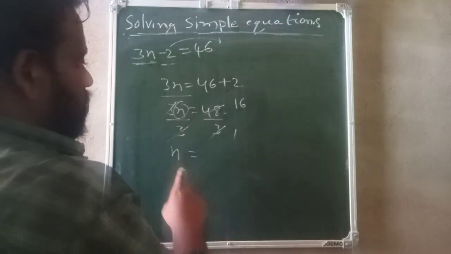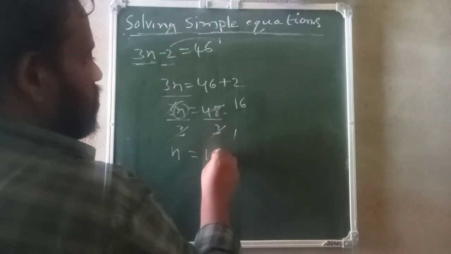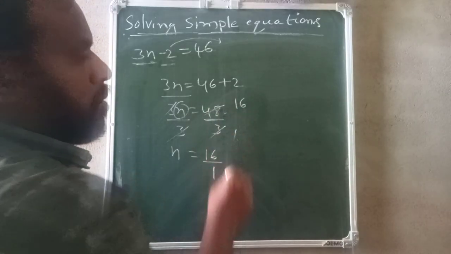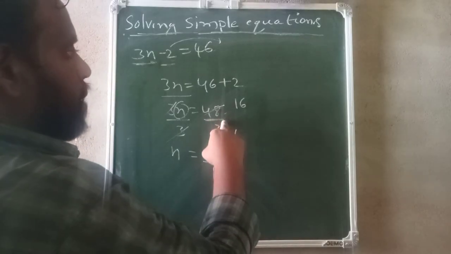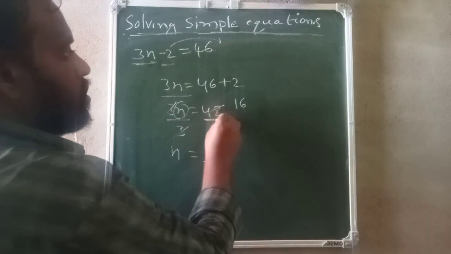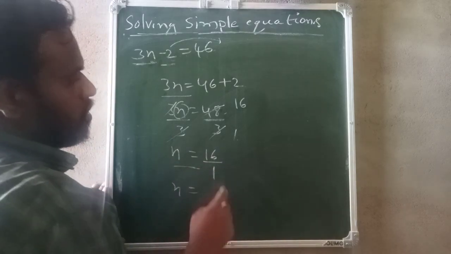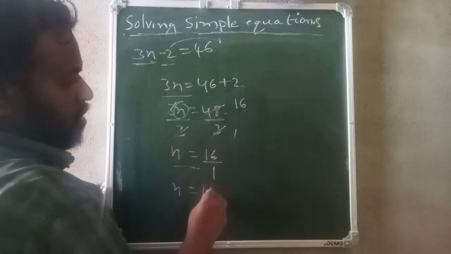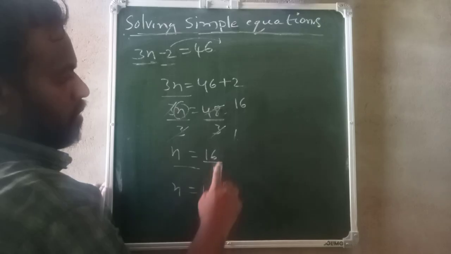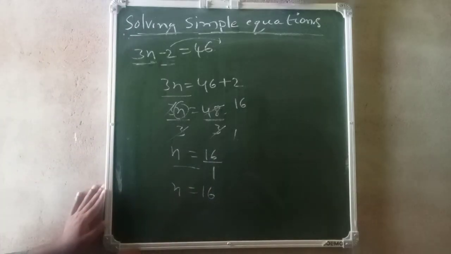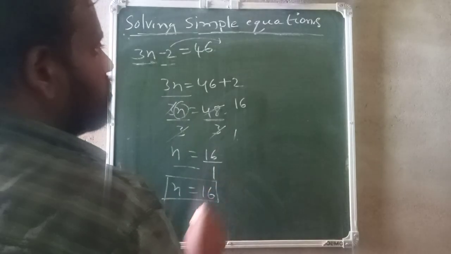So what is left? 16 by 1. This line we call by, like 48 by 3. It is like division, this represents division. So next step, write this n is equal to 16 by 1 is 16. Any number divided by 1 gives the same number, 16. So we got n is equal to 16 as the answer.